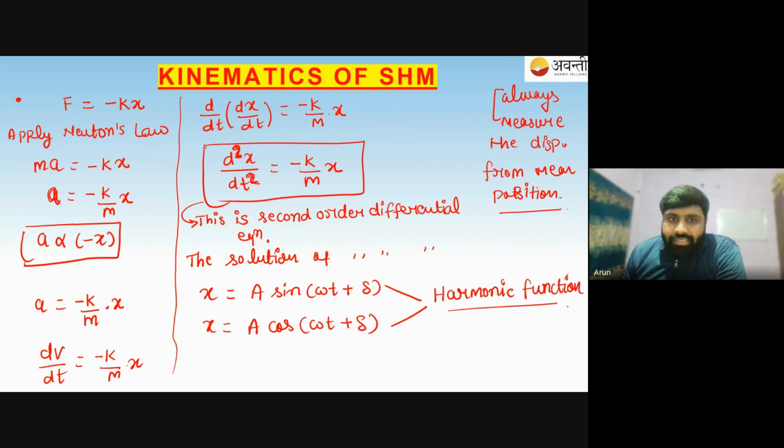And we are using it in the very first case of oscillatory motion, which is simple, so we can say that motion is termed as simple harmonic motion. Got it? So these are the displacement equations. Now I will also tell you what is the difference between this and this.